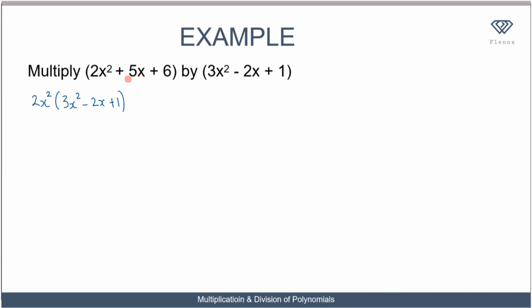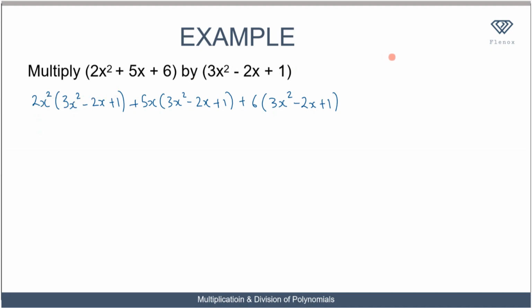Then we take the second term and multiply it by everything in the second polynomial, 3x squared minus 2x plus 1. We take the last term and multiply it by the polynomial again, 3x squared minus 2x plus 1. So we expand.